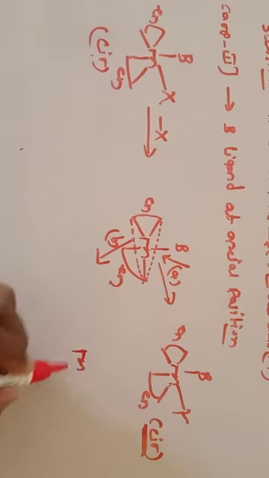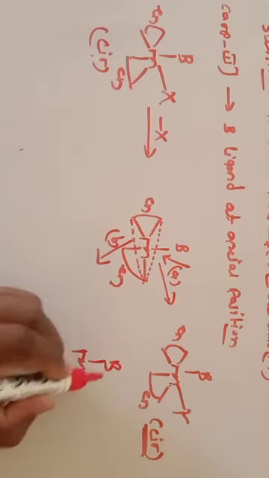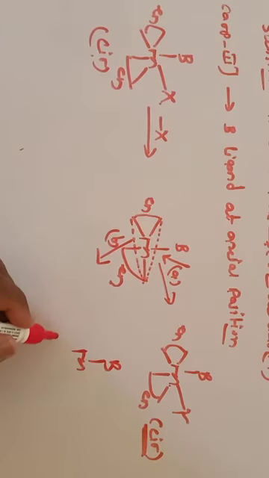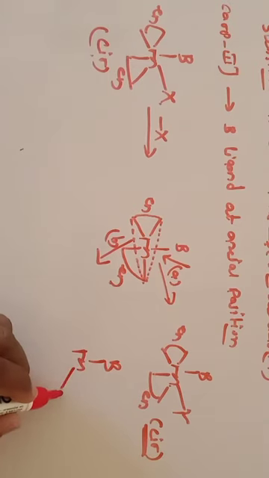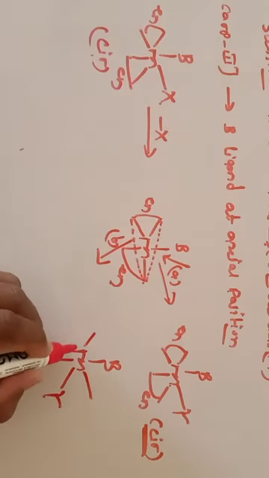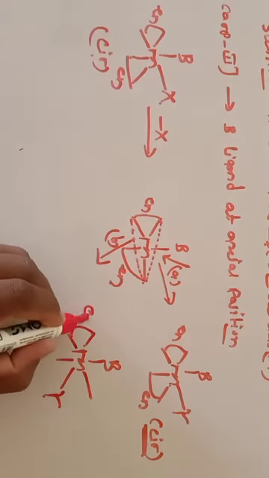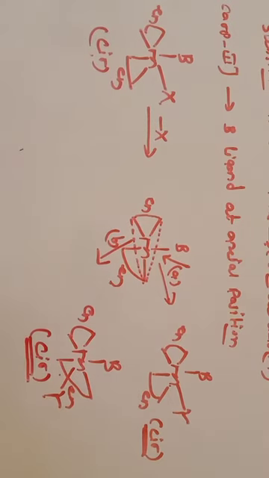So we get this, that is M. This B is there. When it attacks from this side, this is your Y and the remaining is like this. So this side is blocked, this is your en, and this is your en. So again this is a cis complex.